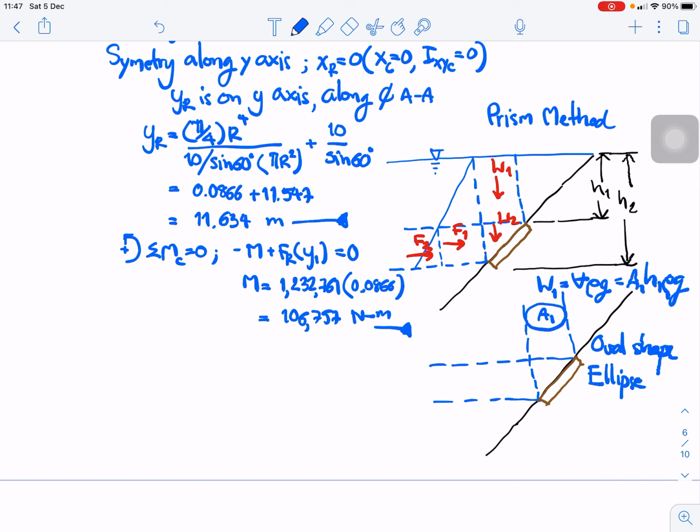So it is difficult to find the shape of A1 and to find W1, as well as A2, which is also an ellipse or oval shape again. So for an inclined surface, it's difficult to use the method of prism to solve the problem because of this reason.